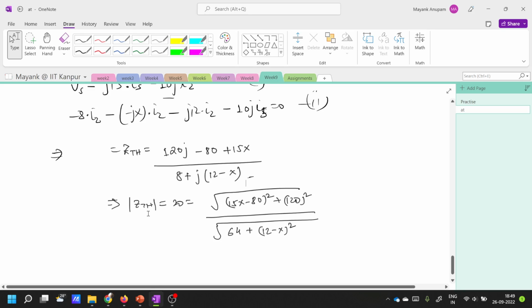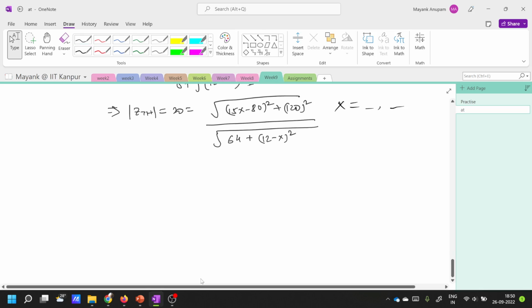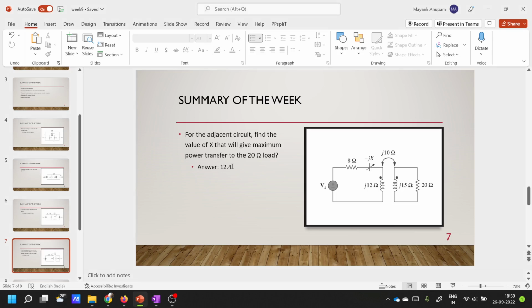So the magnitude of Thevenin impedance, which is this here, should be equal to 20, and this will give you the value of X. It will be basically a quadratic equation. You will get two values here, and both of them are valid. Here I've just given one answer, but there can be two answers and both of them will be valid.